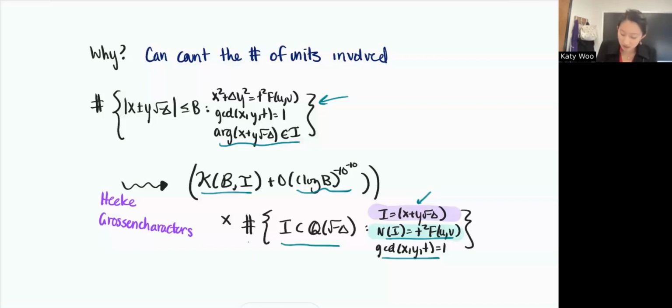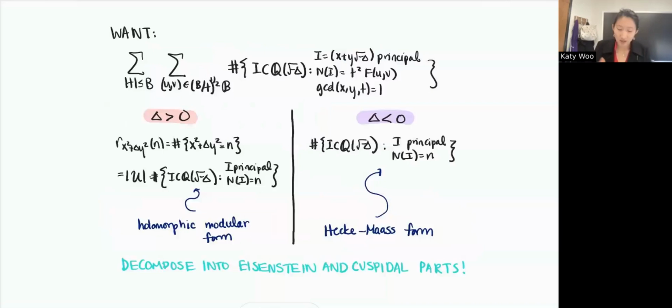And this expression is good because it looks a lot like the expression that came up when delta was positive. So in particular, what we're going to want to understand is the sum over t and u and v in the semi-short box of the number of ideals that are principal and of norm t squared f of uv. Now, if we go back to what we were doing when delta was positive, we were looking at this representation number, the number of ways of writing n as x squared plus delta y squared.